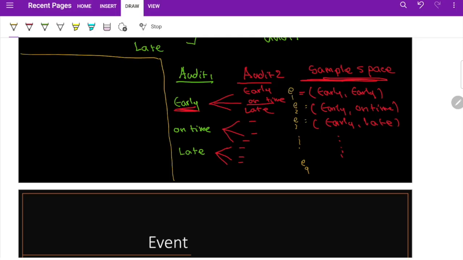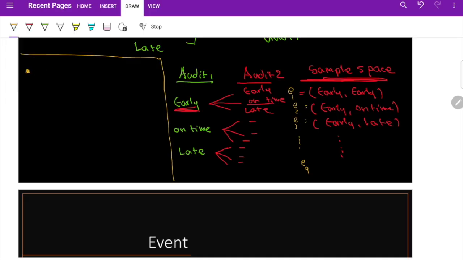Because why are you doing the audit? Because you care to know, for example, you as a company, which audits are late, or which ones have been done early. So you want to compensate the employees or something, or you're going to check why these are late. So you are the one who decides what is the event that you care about, the event of interest.